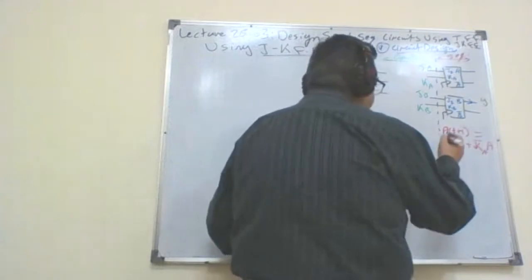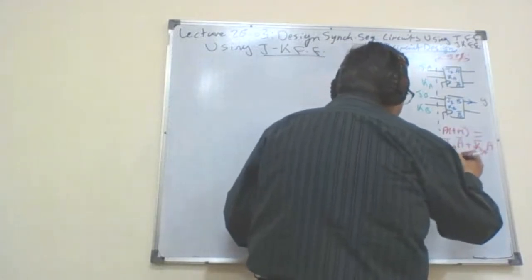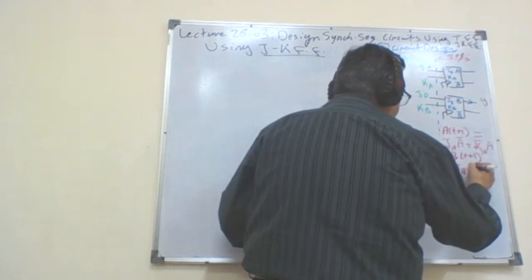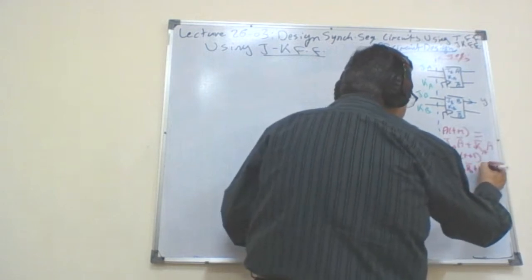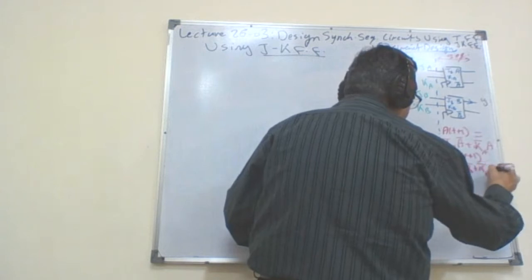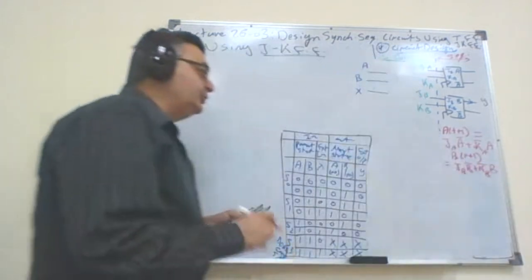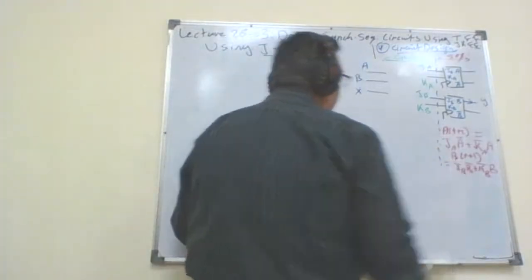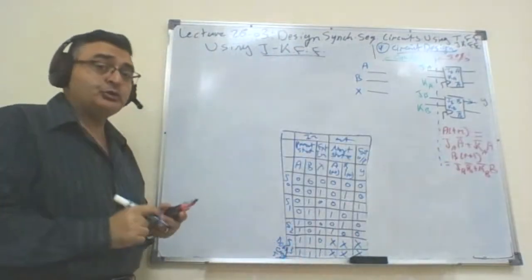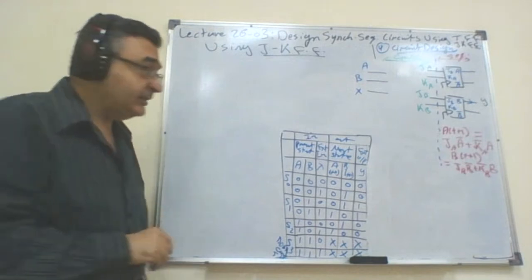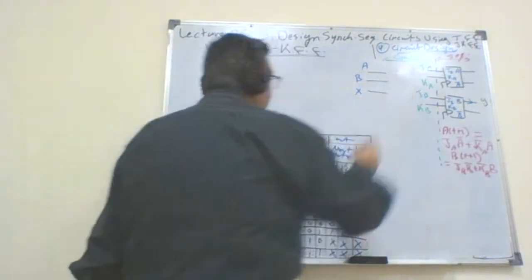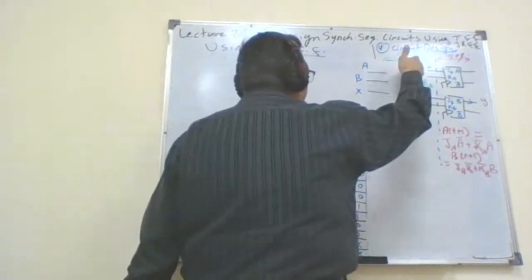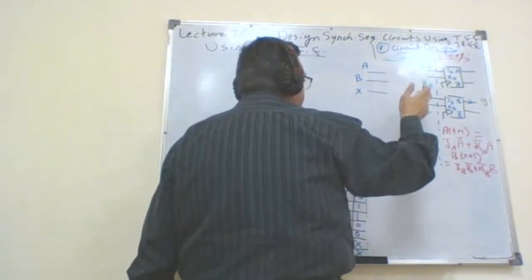The second characteristic equation is B of t plus 1 equals JB B bar or KB bar B. New two equations for the flip-flops. Those new two equations indicate that I have to design the combinational circuit for the outputs JA, KA, JB, KB differently.